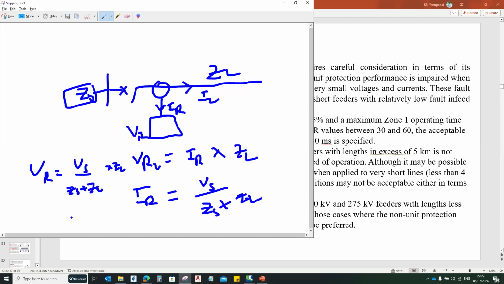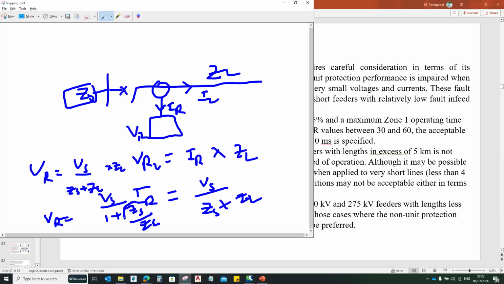Taking this to the numerical value, Vs divided by 1 plus Zs divided by Zl. So this is your VR, the voltage seen by the relay.